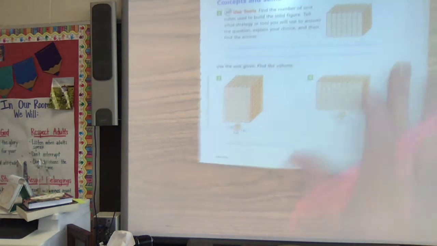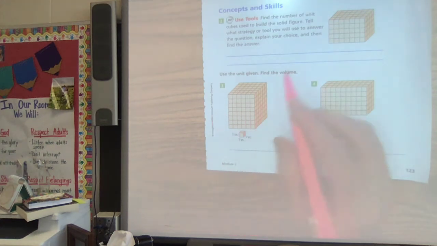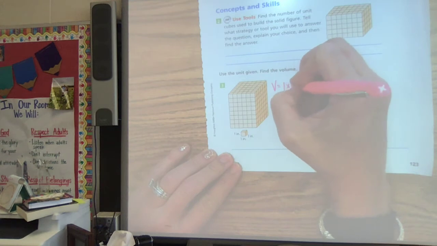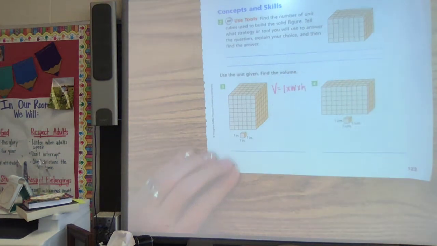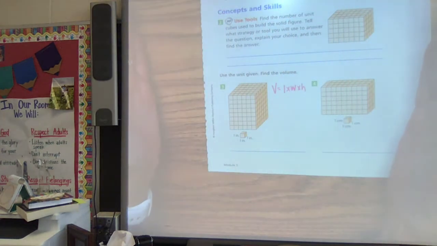All right, now let's look at number 3. We're going to do this one together. It tells me right here that every cube is 1 inch by 1 inch by 1 inch. And it says find the volume. Okay, so I know to find volume, I multiply length times width times height. And remember length, how long is my fish?